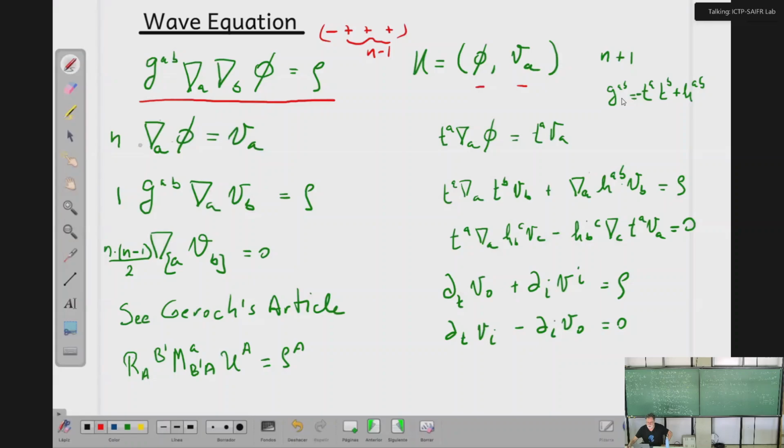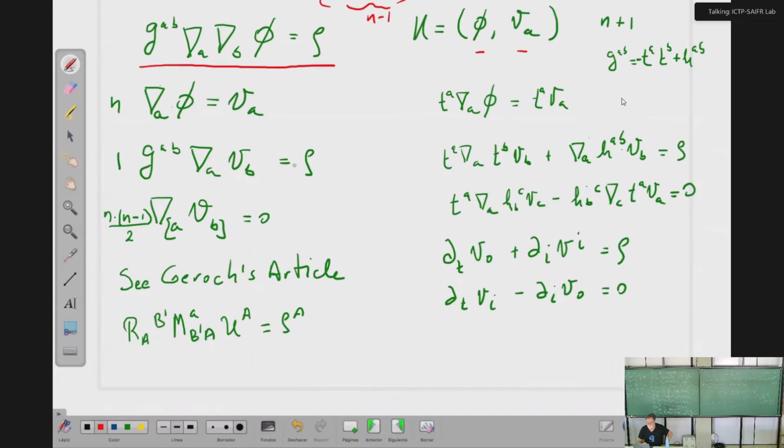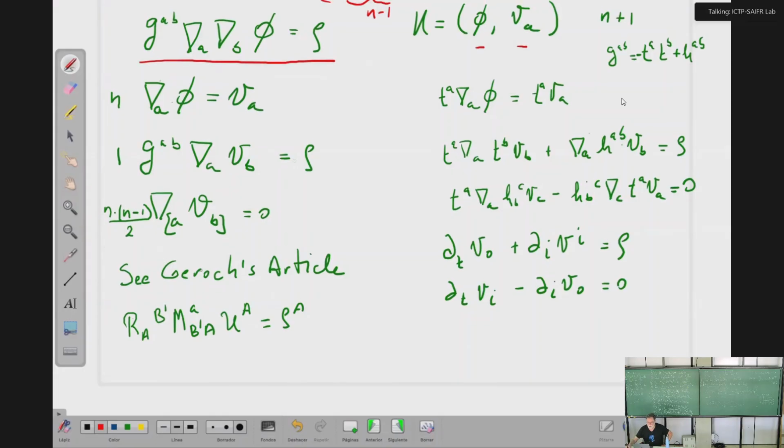So the equations are just the definition of B_a, gradient phi equals B_a, so these are n equations here. Then you have this single equation, which is the divergence of B. And then we have all these compatibility conditions with these equations, which are just the curls of B are 0, and they are n times (n-1) divided by 2.